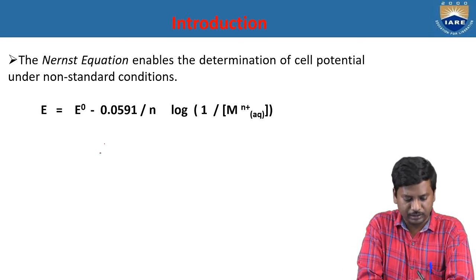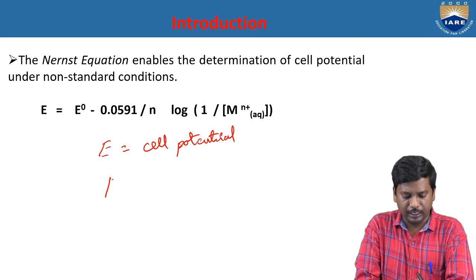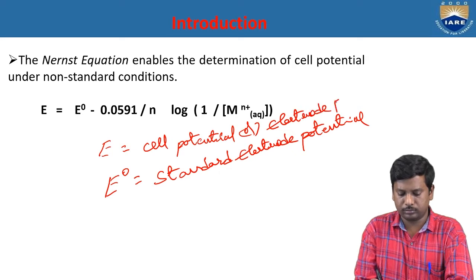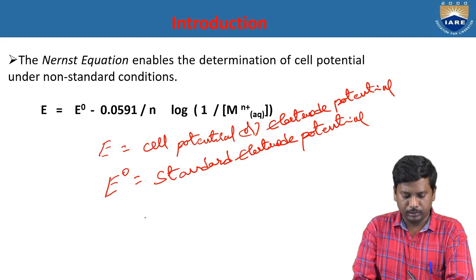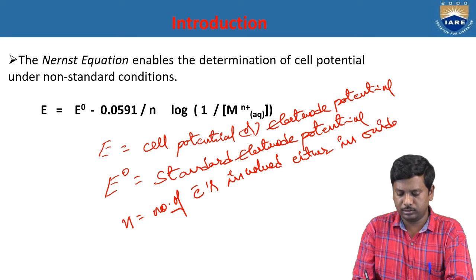Here, E represents the cell potential or electrode potential, and E naught represents the standard electrode potential, and small n represents the number of electrons involved in either oxidation or reduction reactions.